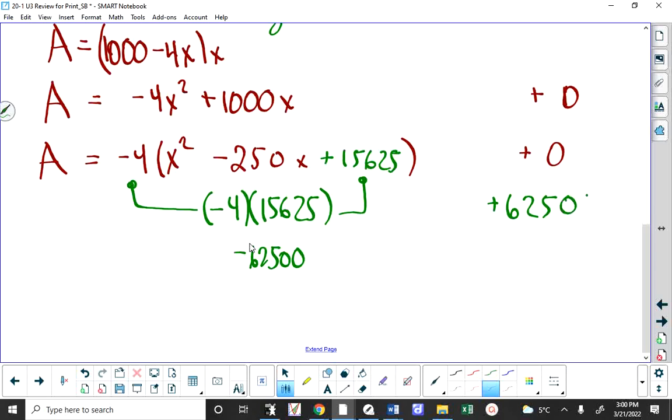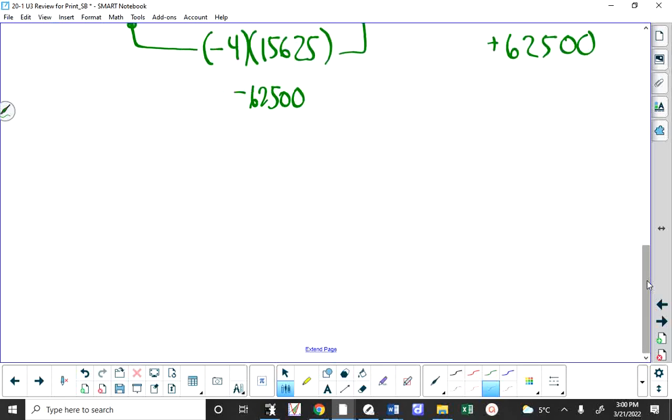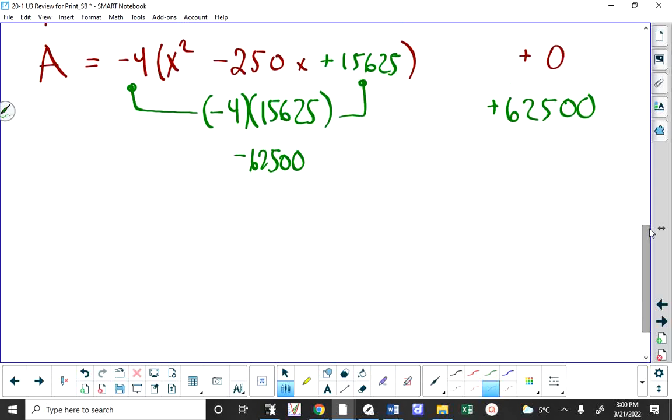The more astute, quicker student will recognize that that is going to be the maximum area before we're even done, because it's going to be the y coordinate of the vertex. But to finish this problem off, A is equal to negative 4 times x minus 125 squared plus 62,500.